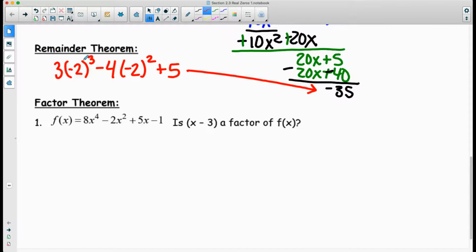Because what would you get here if it was a 0 of the function, or a root, or a solution? 0. Same thing as if your remainder ended up being 0, you would know that it went into it evenly, okay?